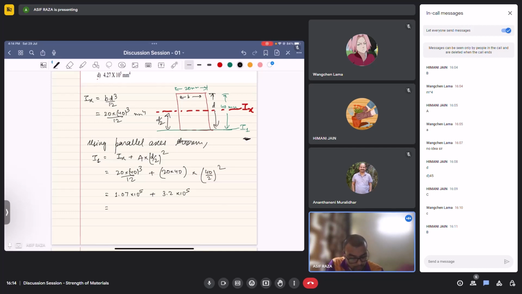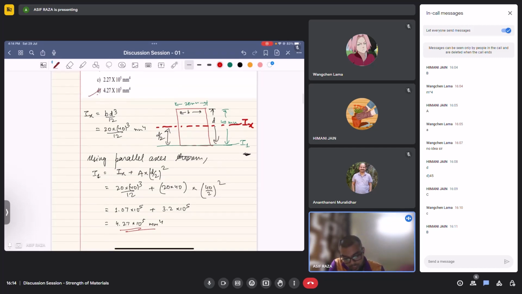So finally it would be equal to 4.27 into 10 power 5 mm4. So our answer would be option D.